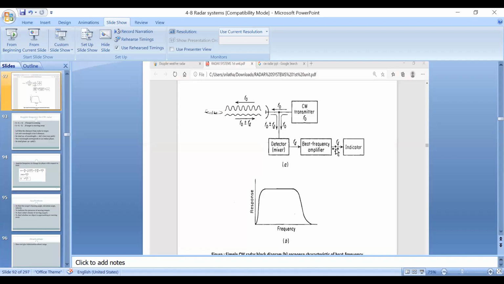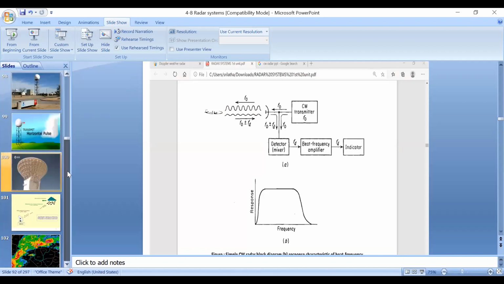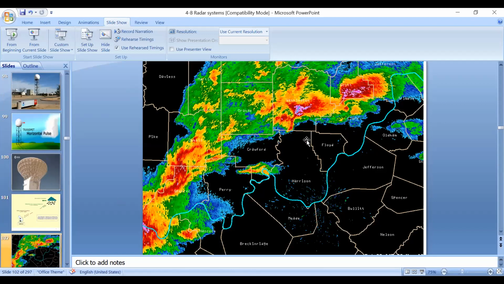That radar processing unit processes this received echo signal. Now that is displayed on the indicator or radar display. So if you consider a weather radar, this is not a signal, this is the image which is displayed on the radar display. Based on this radar display, they can predict the weather conditions, right?